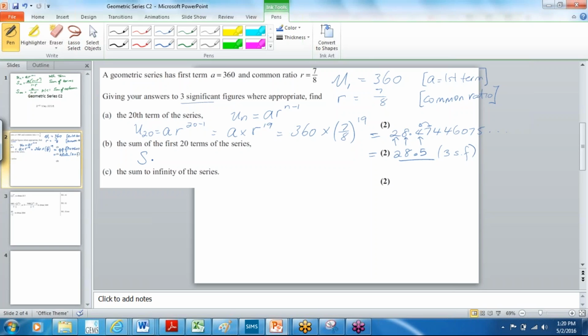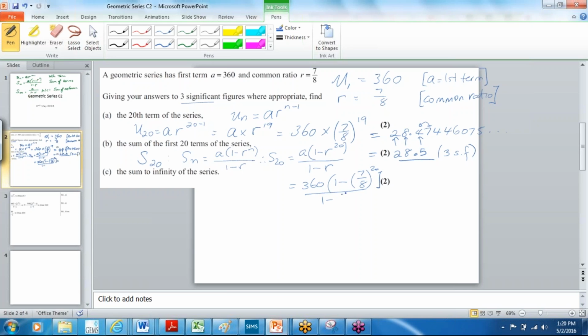So now we've got the second rule, the sum of 20. Keep in mind the sum of n was a times 1 minus r to the power of n over 1 minus r. Therefore, the sum of 20 is a times 1 minus r to the power of 20 over 1 minus r. So it's 360 times 1 minus r to the power of 20 over 1 minus 7/8.